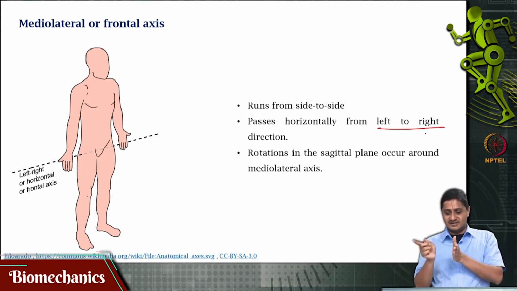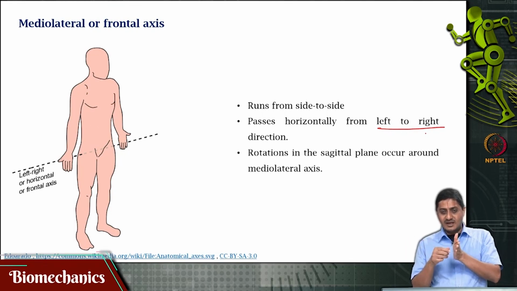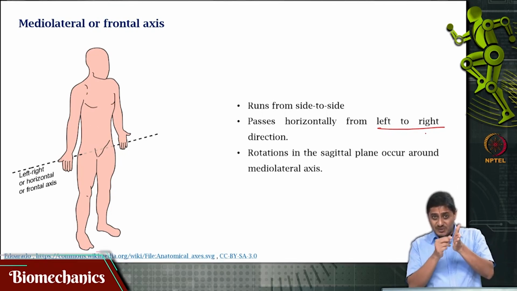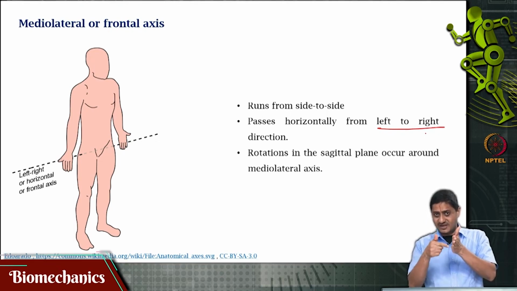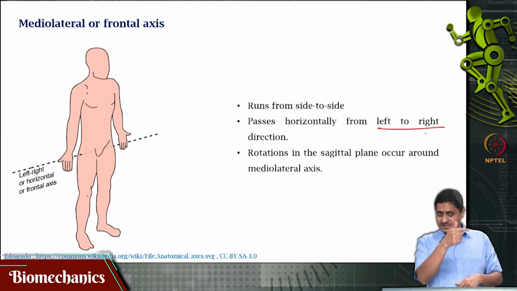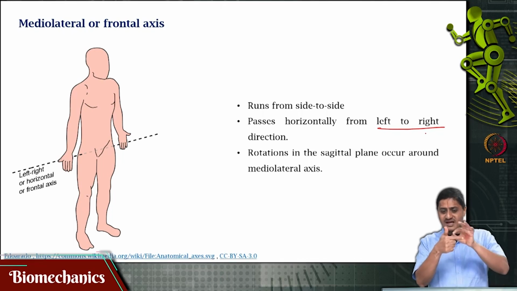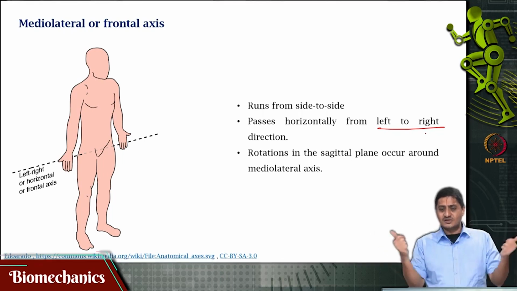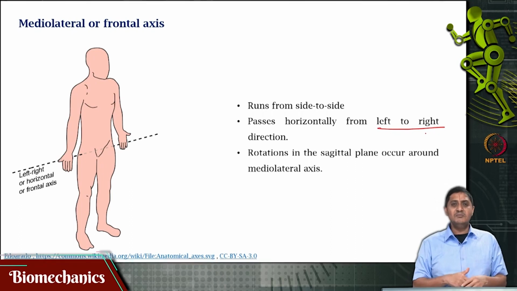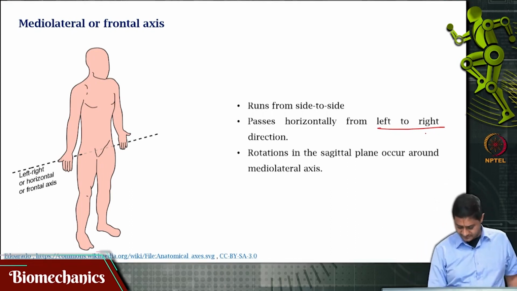Any movement or rotation that happens within this plane in 2D will happen about that axis. And what is that axis? That axis goes from the left to the right or from the middle to the side, the mediolateral axis.